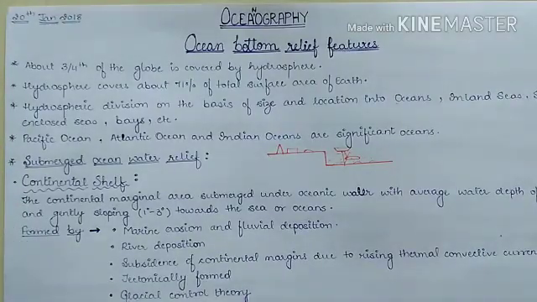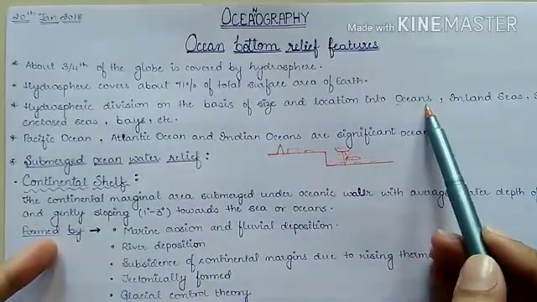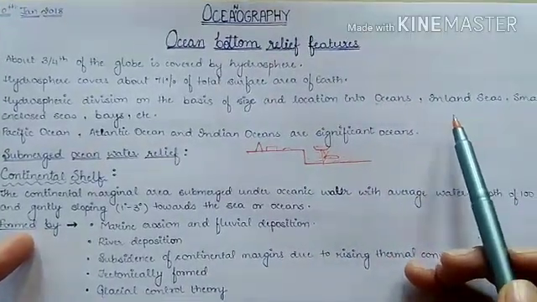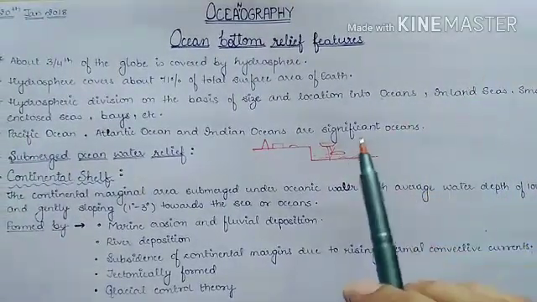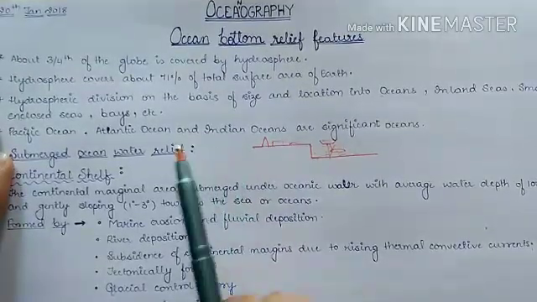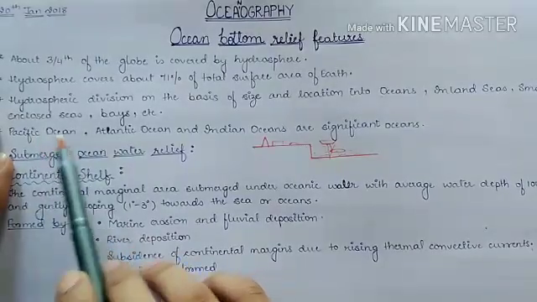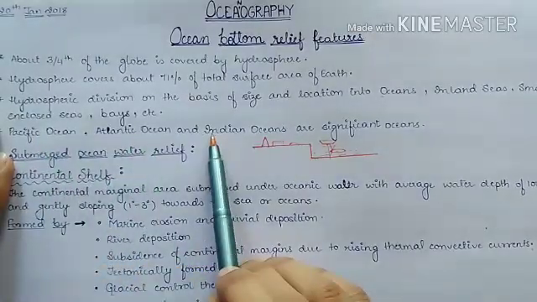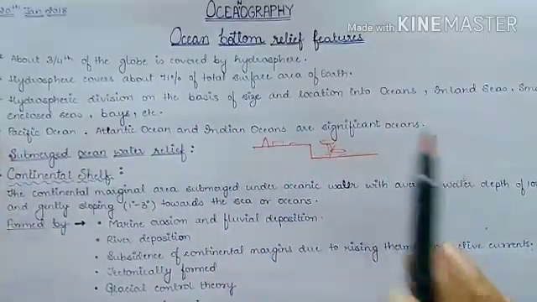And if we divide on the basis of hydrospheric division, we have first oceans that cover the largest area of hydrosphere, then inland seas, then small enclosed seas, lastly bays, etc. In oceans, we have the Pacific Ocean that occupies the largest area, then the Atlantic Ocean, and lastly the Indian Ocean. And these three oceans are the significant oceans.